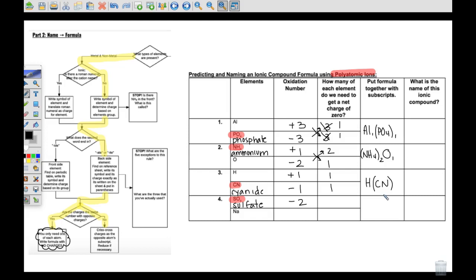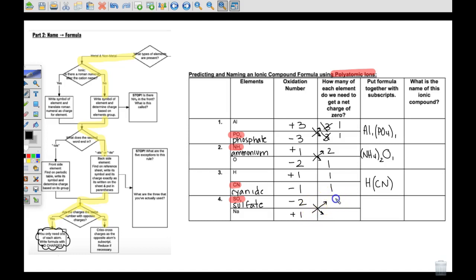And finally, in our last example, sodium is in the first group and it has a +1 charge. Because sulfate has a -2 and sodium has a +1, these are not the same number with opposite charges. They're different. So I have to crisscross them to determine how many of each atom that I need.